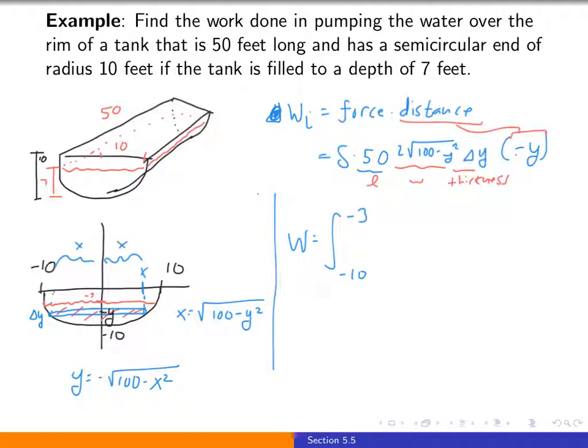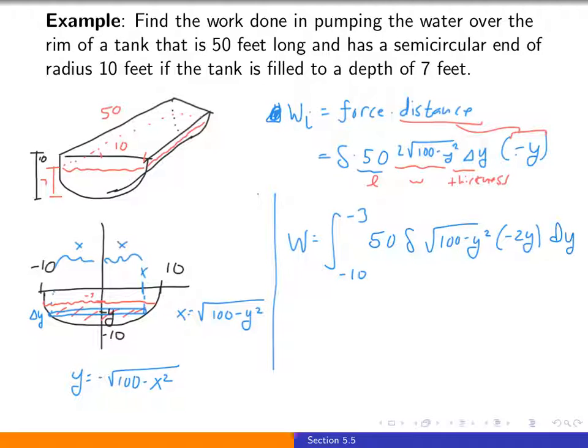And what we are integrating is we are going to have the 50 delta, then we have 2 square roots of 100 minus y squared. I'm going to write this as 100 minus y squared under the square root times minus 2y. So I've simply taken that 2 and put it with the minus y, and the delta y becomes dy.